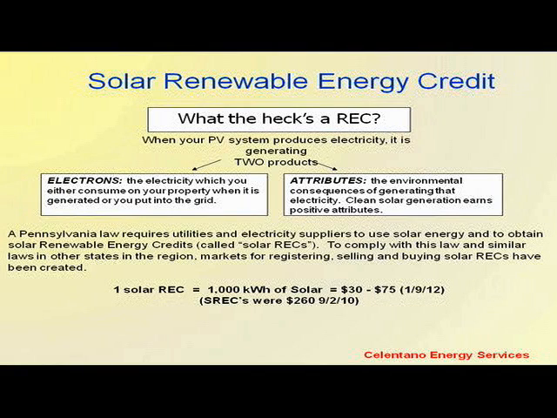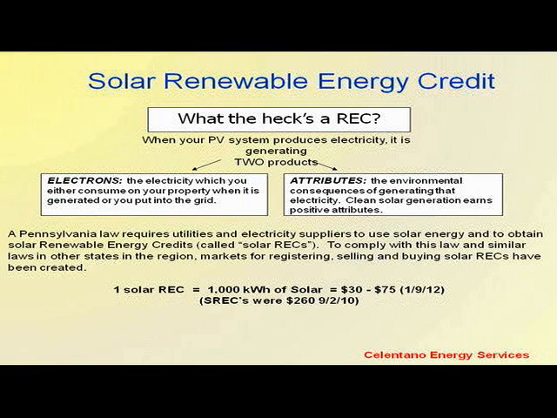This is a requirement that many states have, that their utilities utilize renewable energy for a certain percentage of their electricity demand. What they do is any renewable energy producer, which could be a wind turbine operator, or it could be just a family with photovoltaic cells on their roof, they are allowed to issue these renewable energy certificates.